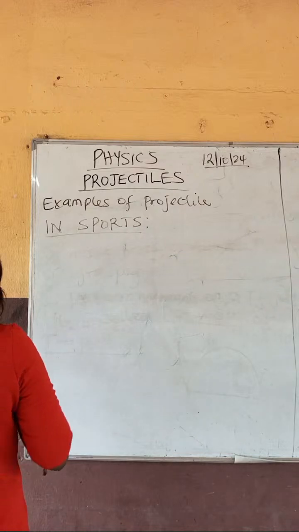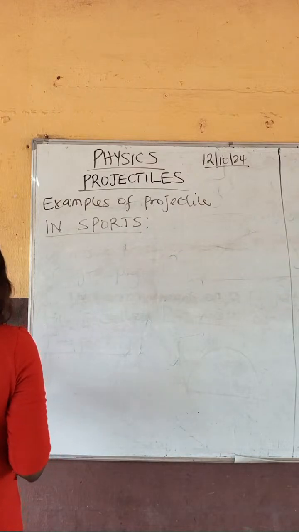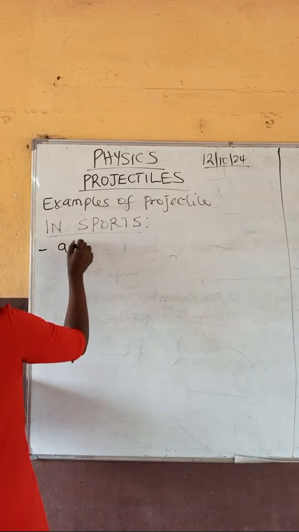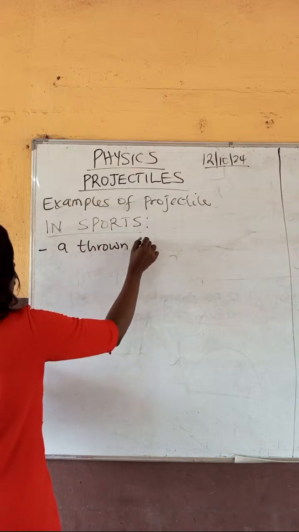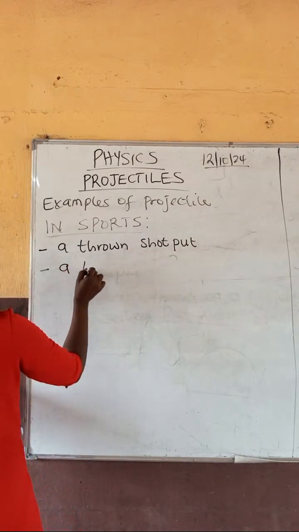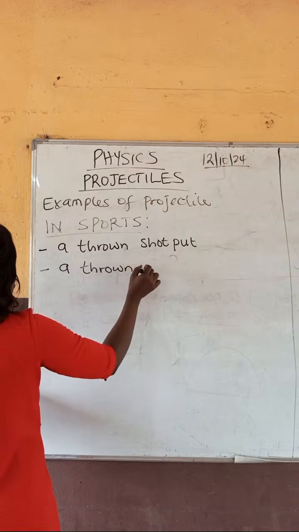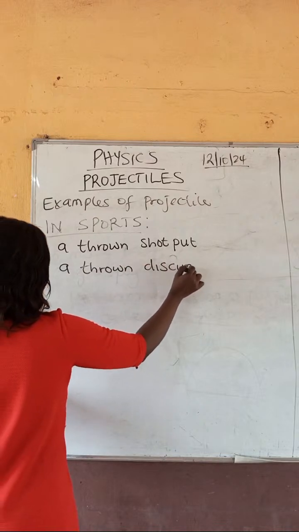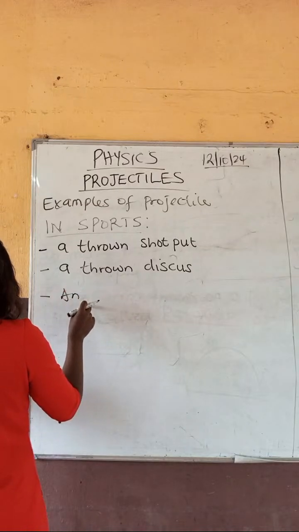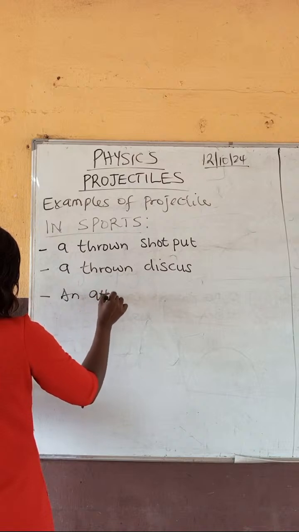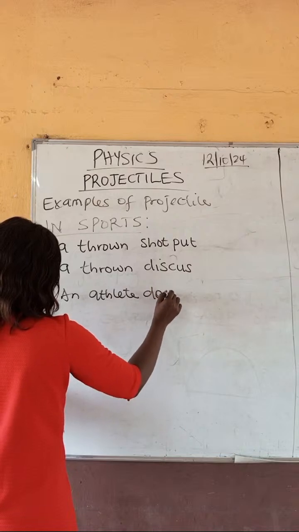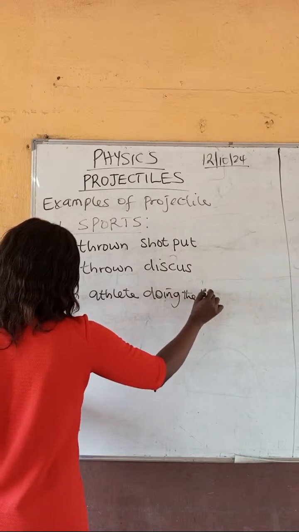We have in sports some examples. Number one, a thrown shot put, a thrown discus, an athlete doing the high jump.